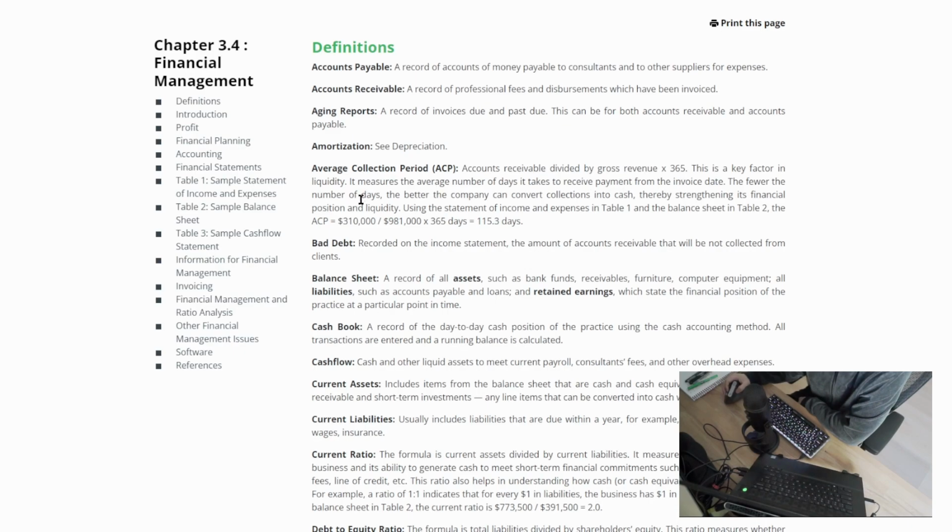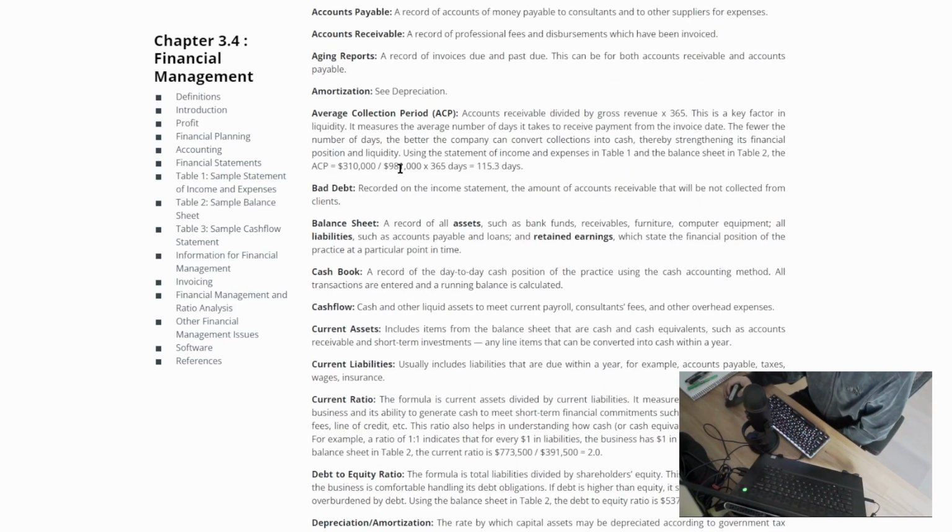The fewer the number of days, the better the company can convert collections into cash, thereby strengthening its financial position and liquidity. Using the statement of income and expenses in Table 1 and the balance sheet in Table 2, the ACP equals 310,000 divided by 981,000 times 365 days, which equals 115.3 days.